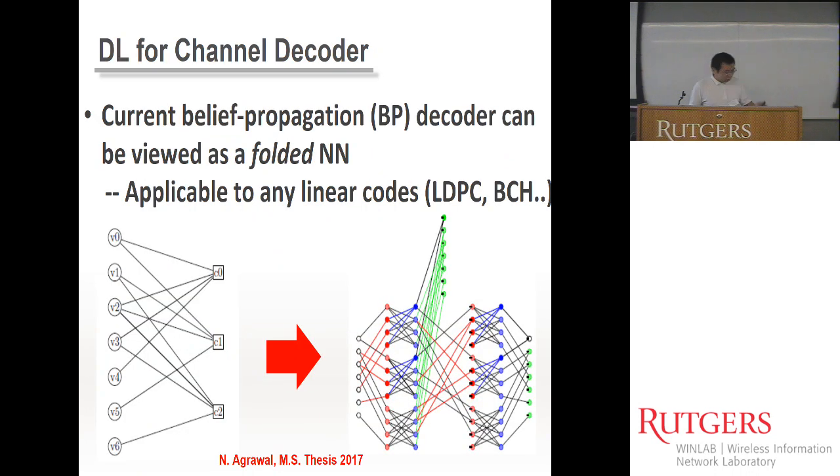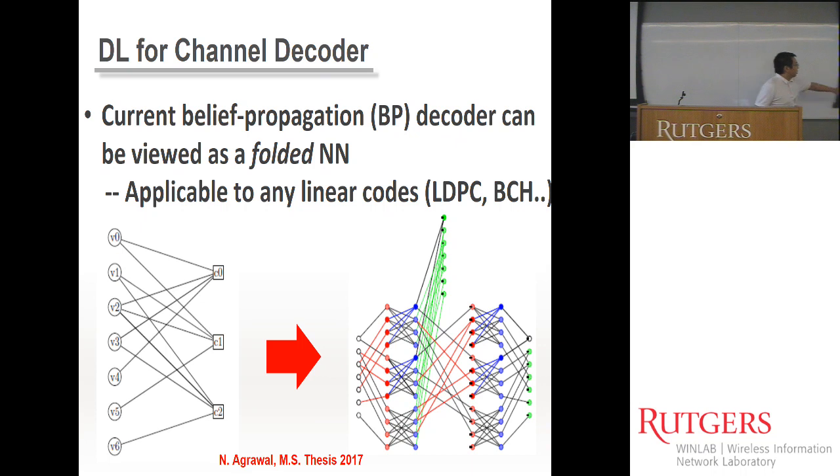And now I will introduce some early works. One work is on deep learning for the channel decoder. For some existing works on deep learning for channel codes, we know that the currently most popular belief propagation, the BP decoder, can be viewed as a kind of folded neural network.